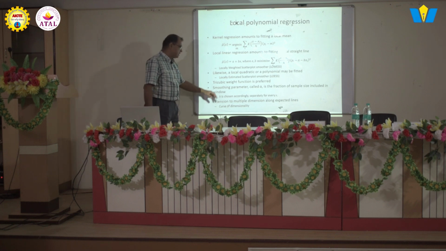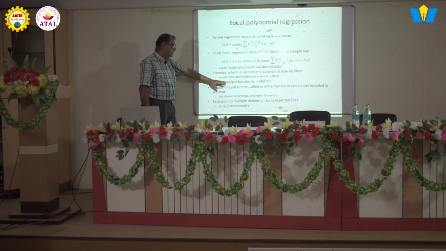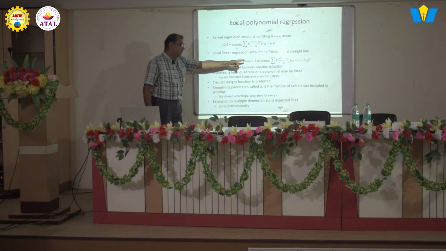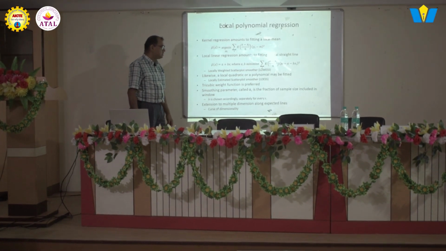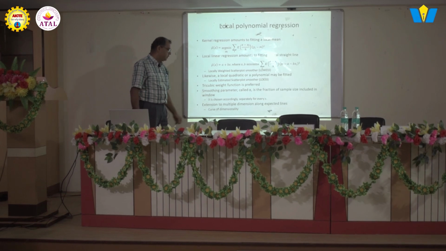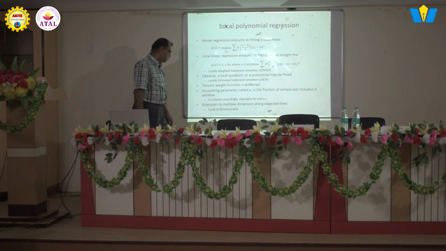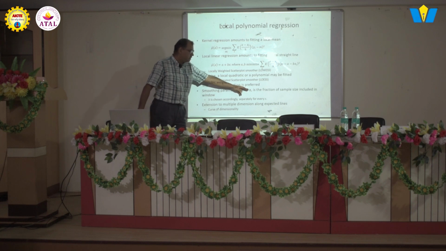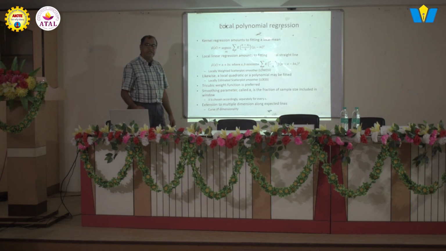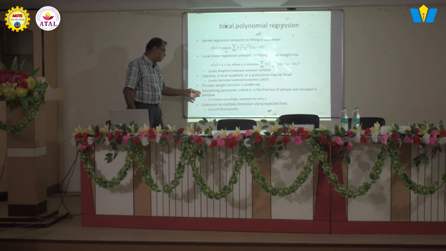And once that is done, there is still the selection of h that is there. It is not really h, but some other scaling parameter, which is somewhat equivalent to choosing h. Now this alpha is actually the parameter that is optimized over, the parameter that controls the extent of smoothing: the fraction of the sample size included.